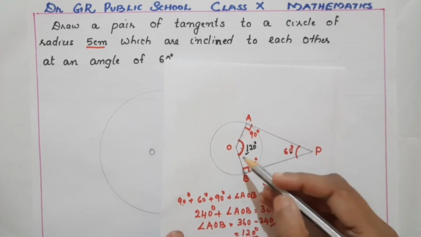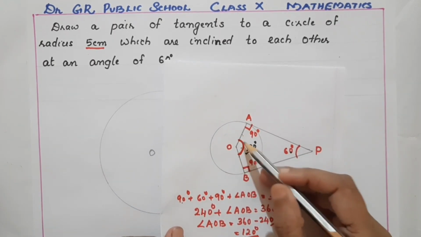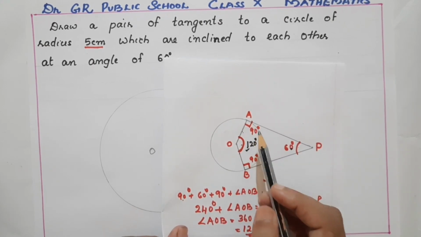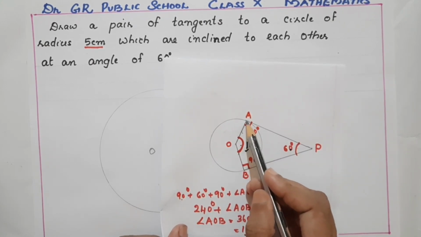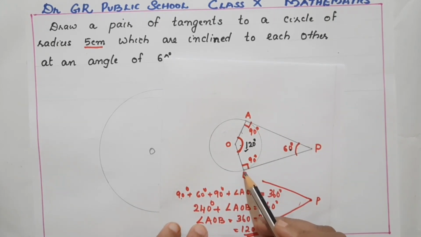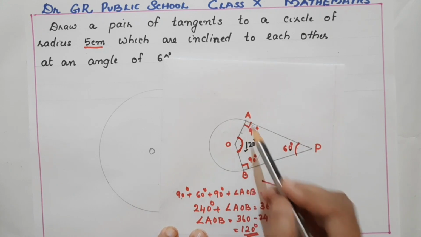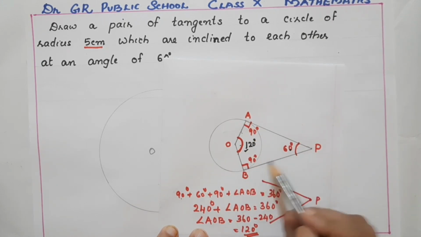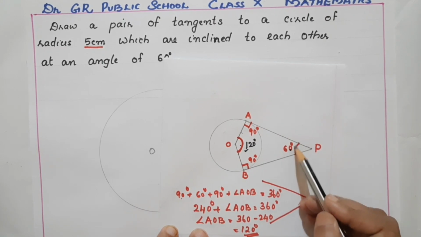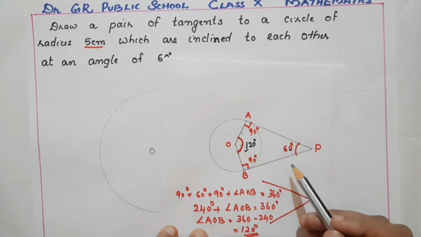Now we have these two radii with a 120 degree angle. Now we have to construct the tangents at A and at B. If you draw the tangents at A and B, surely they will meet at one point. There you can see exactly 60 degrees.